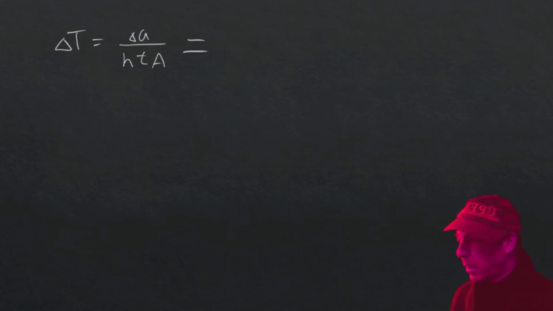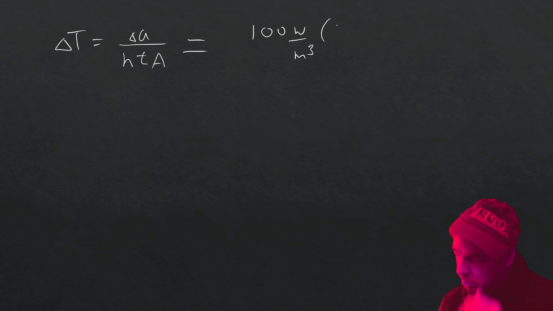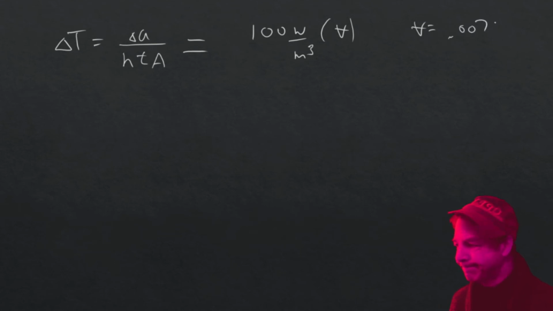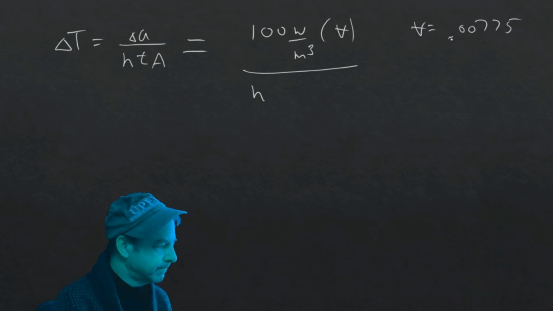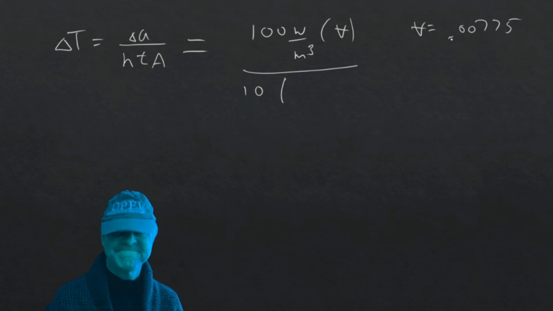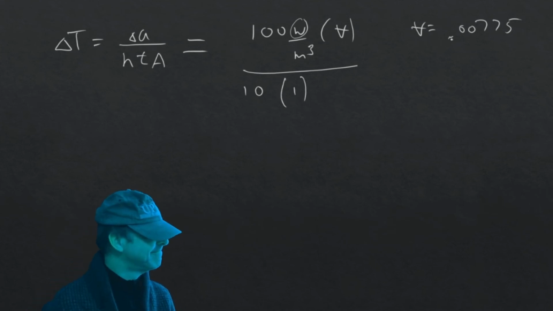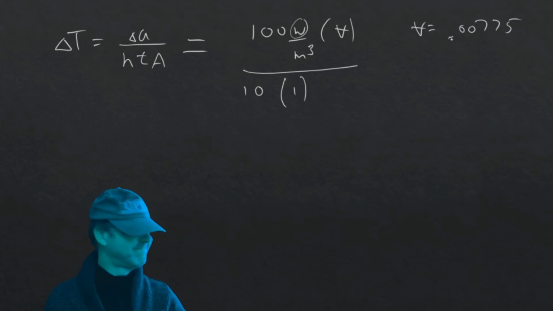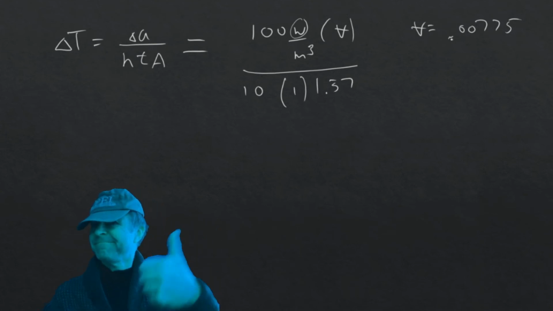And we know from our conditions that our delta U, multiplying by the volume, and the volume is equal to 0.007, and that's all divided by H, which is 10, and area was 1.57.